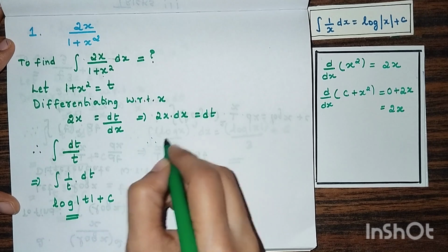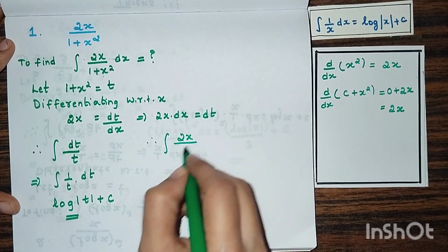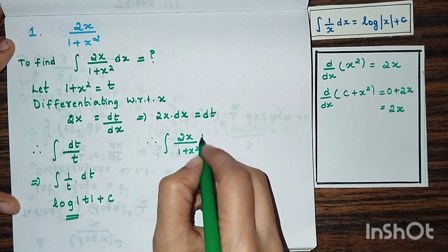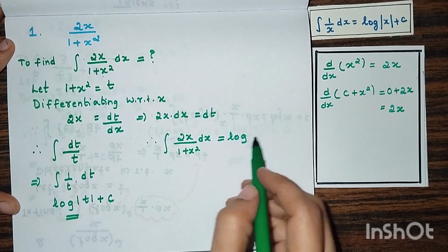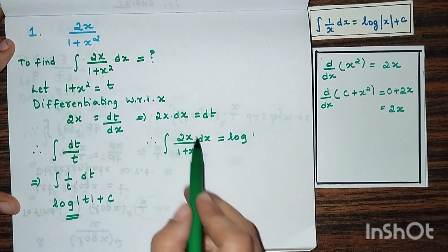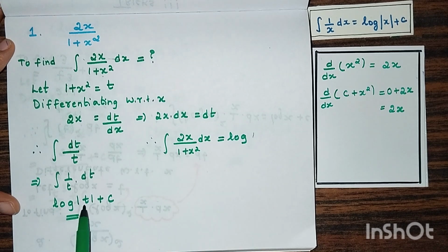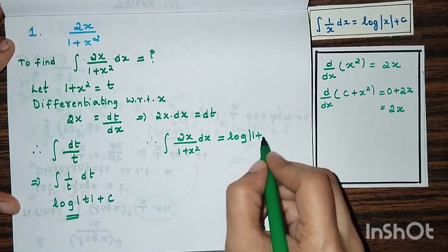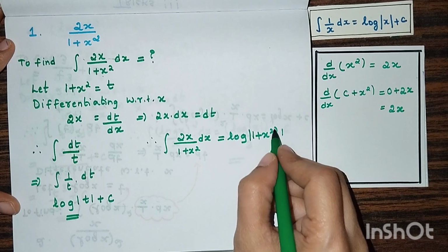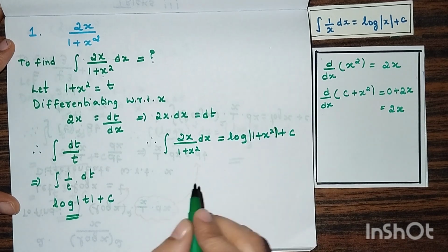Okay. So therefore we will write integral of 2x by 1 plus x square with respect to x is equal to log of, now we cannot write t because here we have the variable x, but in the place of t we have taken 1 plus x square. So we will write modulus of 1 plus x square plus constant of integration.